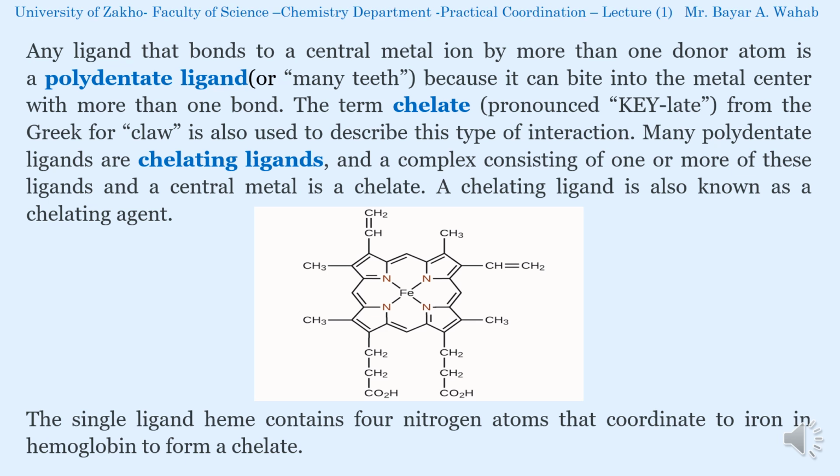Like the following example, we have 4 nitrogens. The coordination number of iron here is 4 because we have only 1 ligand but with 4 donor atoms. We have a polydentate ligand, and the coordination number of iron is 4 because we have 4 nitrogens.